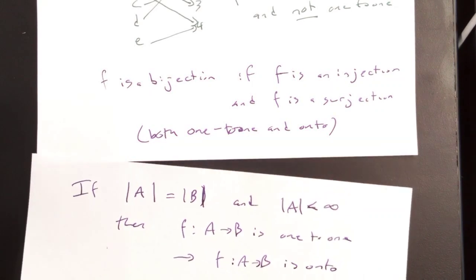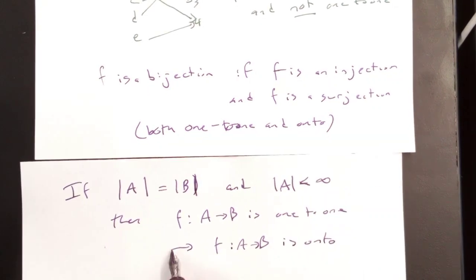Ready for the better part? In a finite set, being one-to-one automatically gives you onto, and being onto automatically gives you one-to-one. You get one, you get the other one for free. But only when my sets are finite.